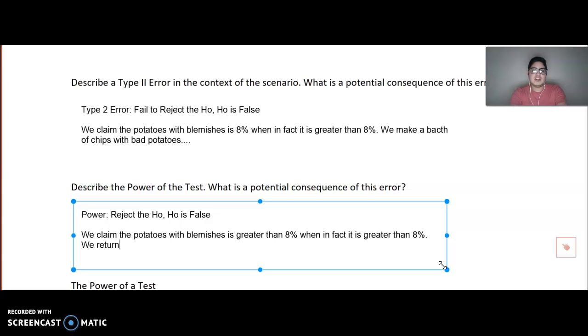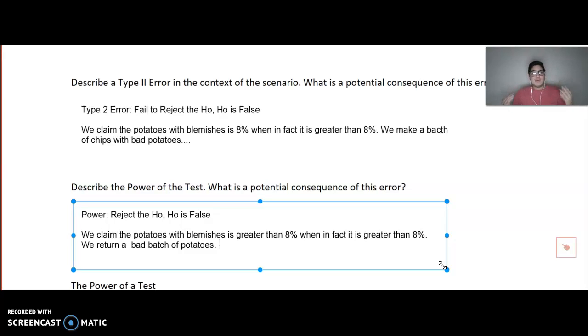So we return a bad batch of potatoes. That's a good thing, right? There's always positive and negative consequences. So the power of the test and the correct decision would be what we originally stated. If it's 8%, we'll make it into chips. But if it's greater than 8%, we'll return it to the supplier.